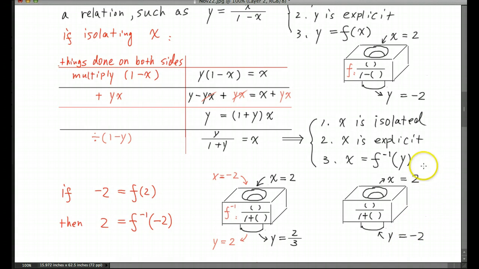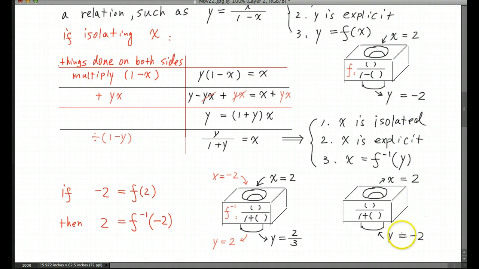So if you only compare the relation between x and y, there's no difference. The difference is just which one is the independent variable and which one becomes dependent. I just switch these two. So x is independent, you take it as input, and y is output.